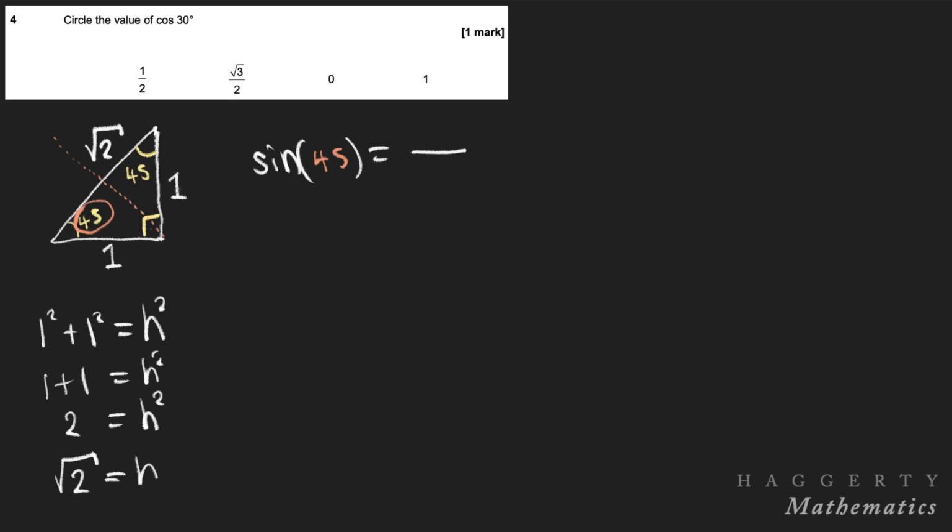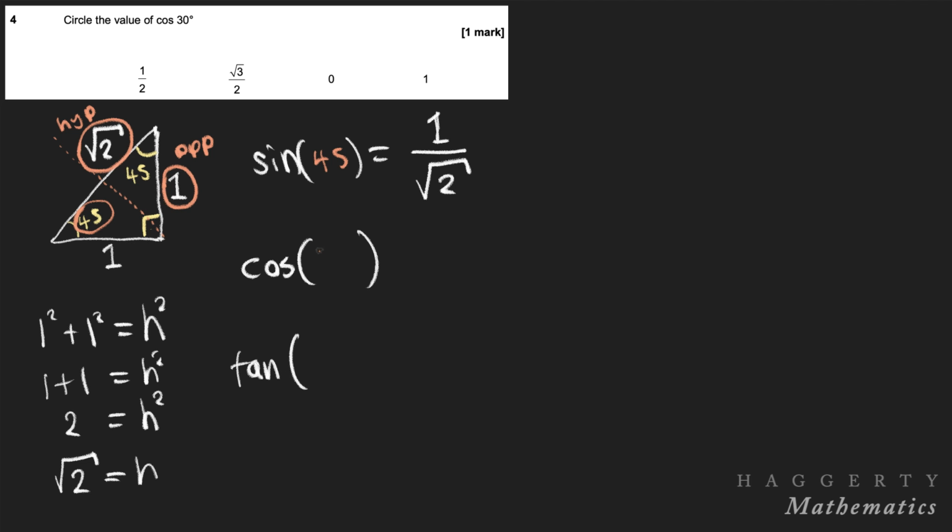The opposite to that angle is this side length here of 1. That's the opposite to the 45 degrees in the lower left. So the opposite here is 1. And then you want to divide that by the hypotenuse, which is root 2. Hypotenuse is always opposite the right angle. So you can see how sine of 45 is just 1 over root 2.